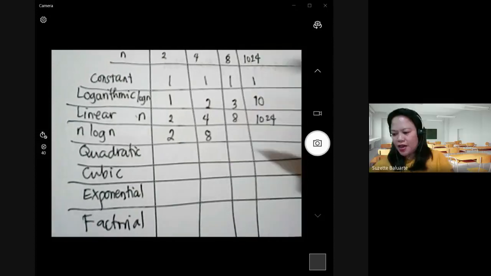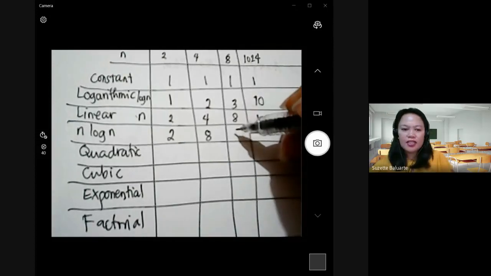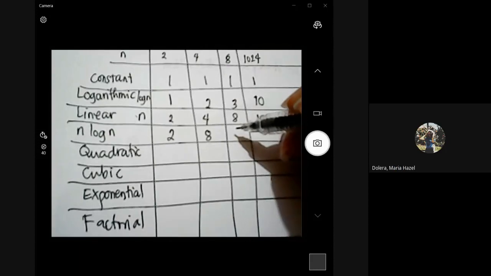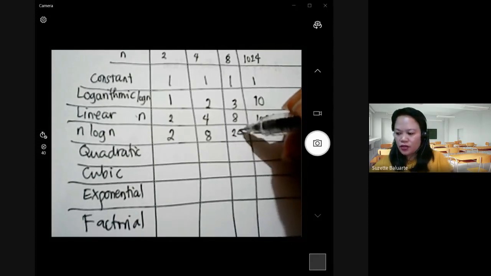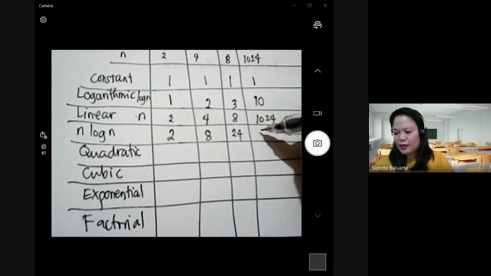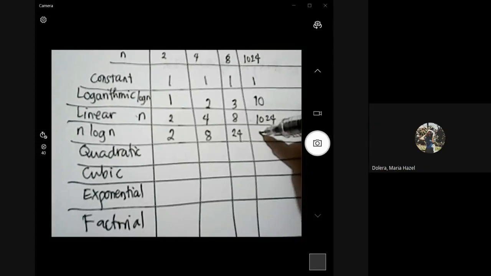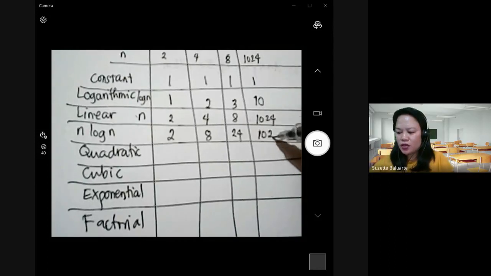Correct. Okay, very good. How about this? 24. Correct. How about this one? 10,240. You just multiply.